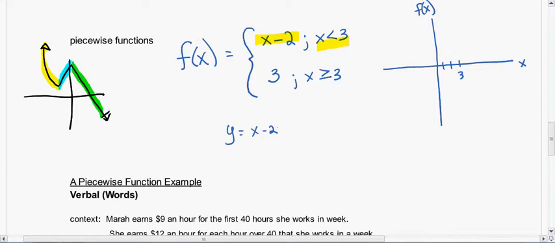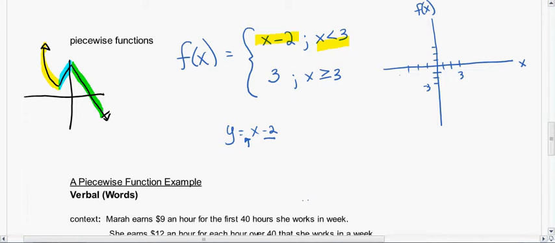So from 3 on to the left, my function is going to look like a line that goes through negative 2 on the y-axis and has a slope of positive 1. There's negative 2, and negative 1, 2, 3, and 1, 2, 3.